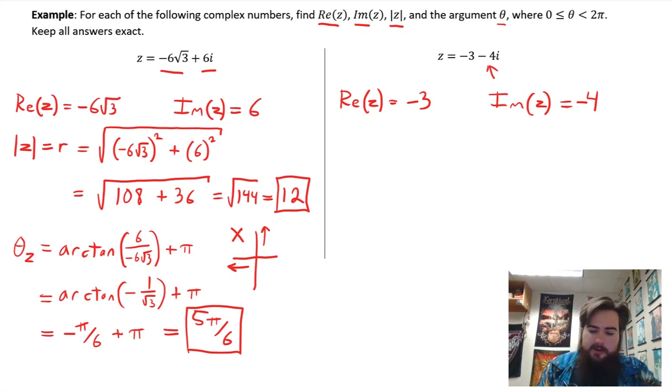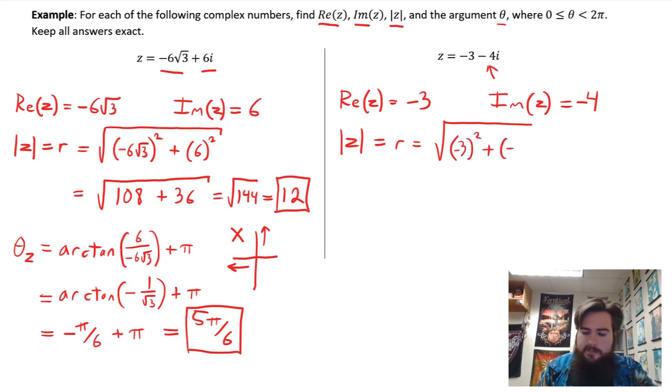We can then also calculate the modulus of this complex number. This is again just going to be working with the Pythagorean theorem. And this one in particular is going to be relatively nice, even more so than the previous one, simply because if we think about what this is creating as a triangle in the appropriate quadrant, this would have a triangle with 2 legs of 3 and 4, meaning what we are working with is a Pythagorean triple.